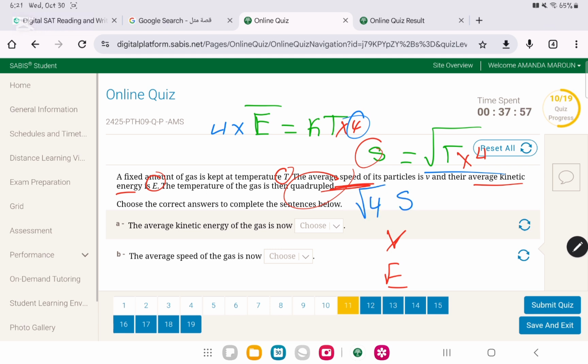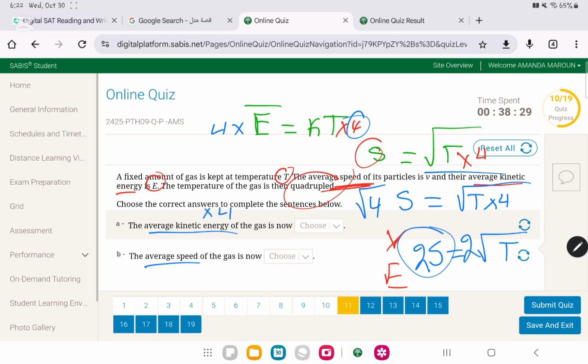So radical for S is equal to radical temperature times 4. So then solving it, you will get 2 times the average speed is equal to 2, because the radical of 4 is 2, times the radical of the temperature. So if we quadruple the temperature, the average kinetic energy also quadruples. However, the average speed, as we did, it is multiplied by 2.